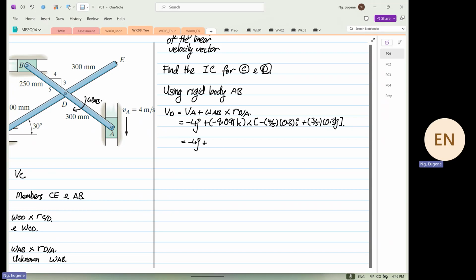So plus 9.091 by 4/5 by 0.3, which is equal to 2.182, plus 2.182j. K cross j is negative. I have a negative, so it becomes positive. So 9.091 times 3/5 times 0.3 is equal to 1.636.